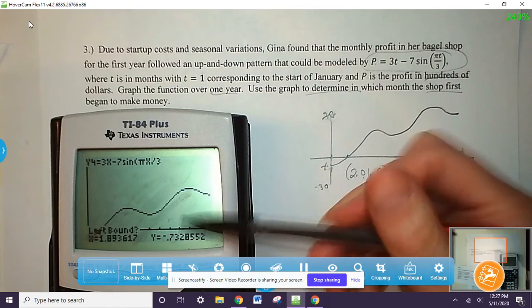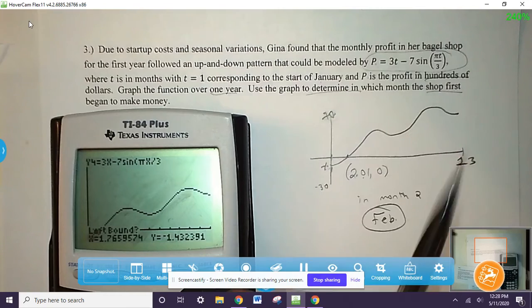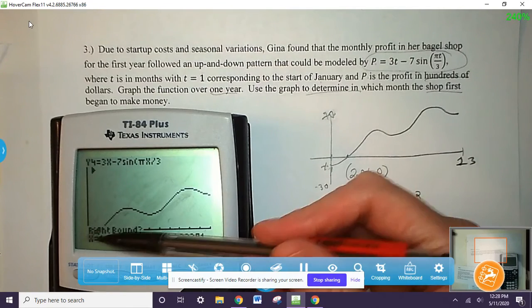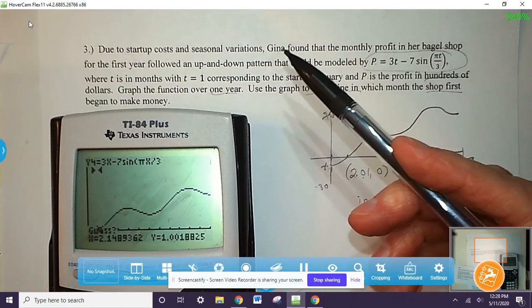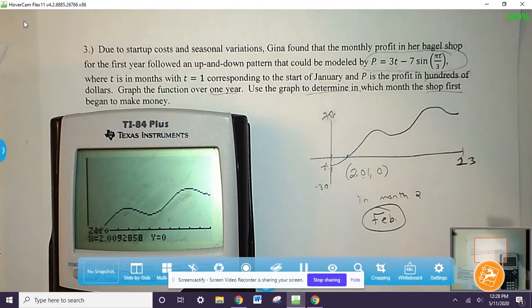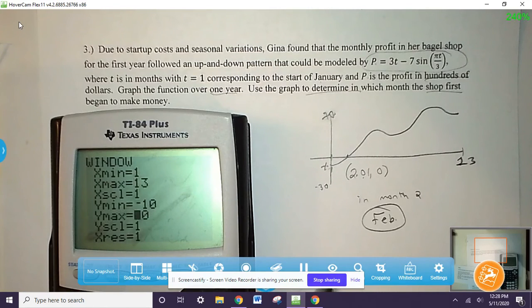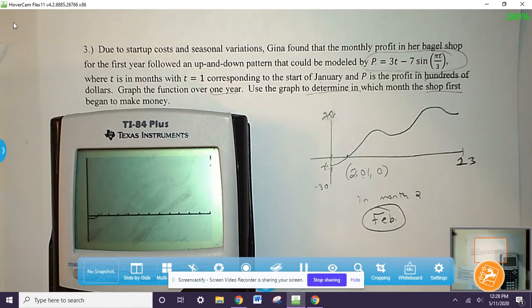So now you know for sure you're below the x-axis. So even though you can't see the cursor, you can still do this. And once you get above, you're to the right of it, and then take your guess. So if it doesn't bother you, you don't have to change the window, but it might be easier just to change the window because it only takes a moment longer, and you can see what time.